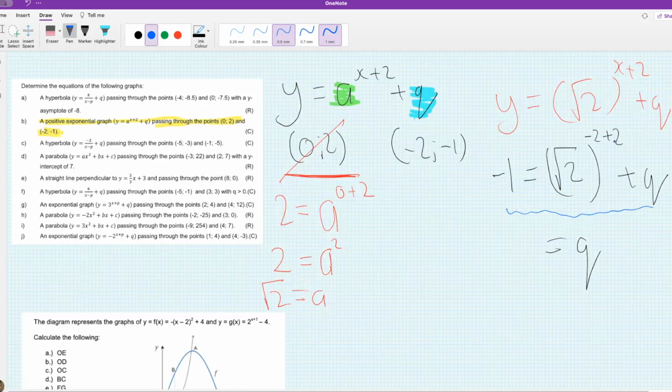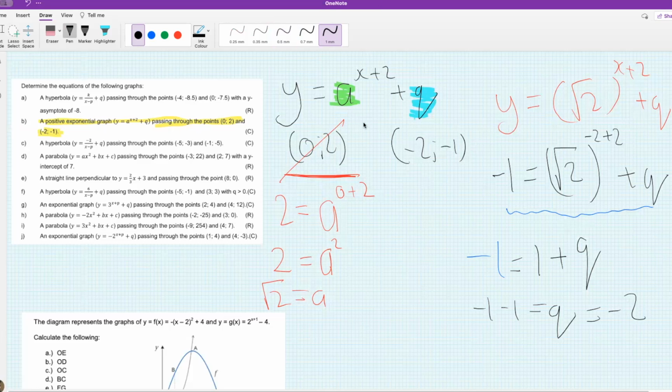Well, this is going to be power of 0 because -2 plus 2 is 0. And anything to the power of 0 is 1. So if I go -1 equals 1 plus q, and then I bring this to this side, what is q going to be? q is going to be -2.